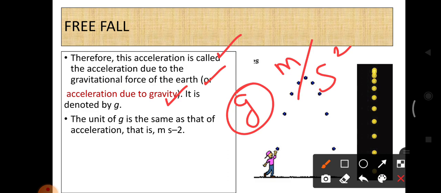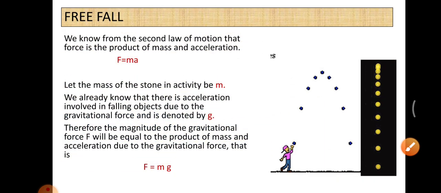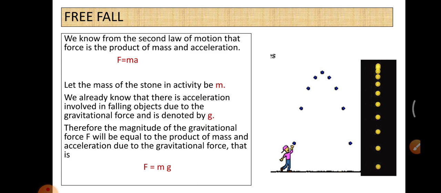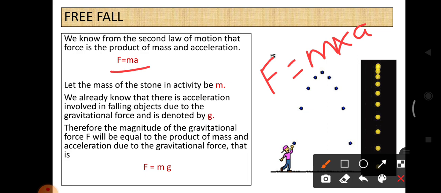In chapter number 8, we learned that a equals acceleration. But in gravitation, due to the gravitational force, the object is accelerated, and that acceleration is called acceleration due to gravity, represented by the letter g. In Newton's second law of motion, we know that force equals mass into acceleration. The product of mass into acceleration gives the force.